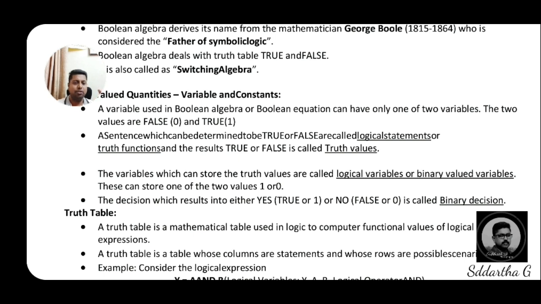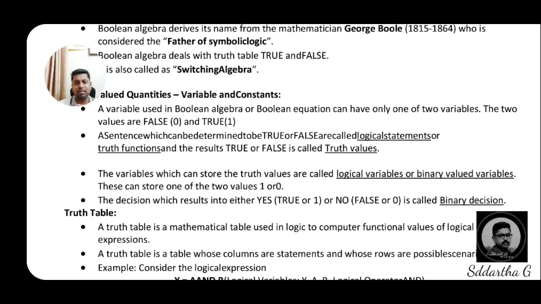Those are the definitions of logical statements. And the variable which can store the truth values is called a logical variable, also called a binary valued variable. It can store one of the 2 values, 0 and 1.